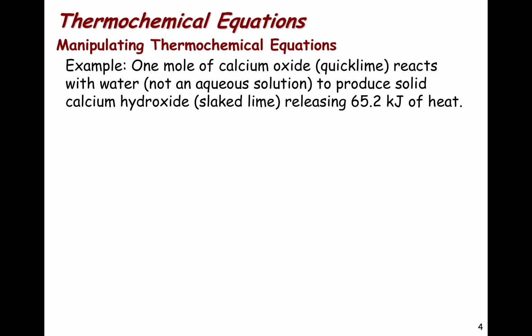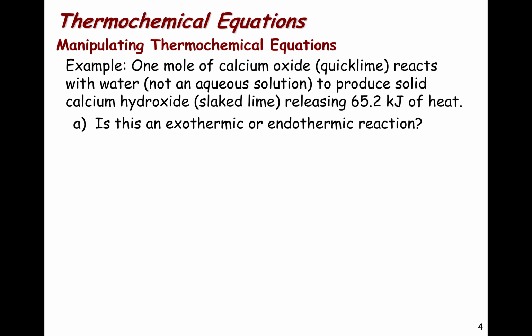So as an example of a question that you might be asked, in this case, if we took 1 mole of calcium oxide and reacted it with water to produce solid calcium hydroxide, this is sometimes referred to as lime, it releases 65.2 kilojoules of heat. So if we first ask, is this an exothermic or an endothermic reaction?